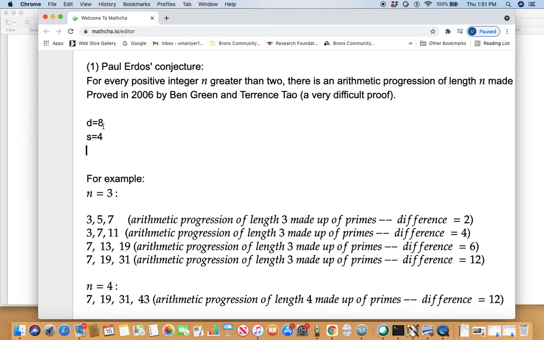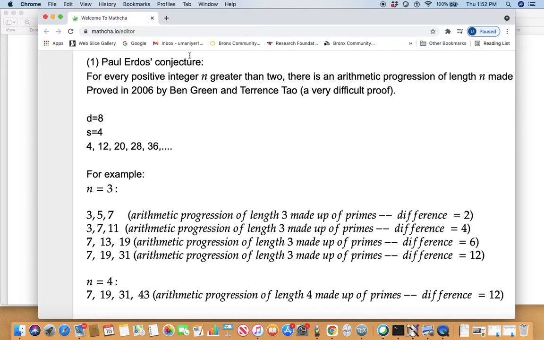I'm just making up some numbers, yeah? 8 is the difference, 4 is my starting number. 4 plus 8, 12. 12 plus 8, 20. 20 plus 8, 28. 28 plus 8, 36. Go on. This is an example of an arithmetic progression. That is, it's a sequence of numbers where the difference between consecutive numbers is the same distance. All right.